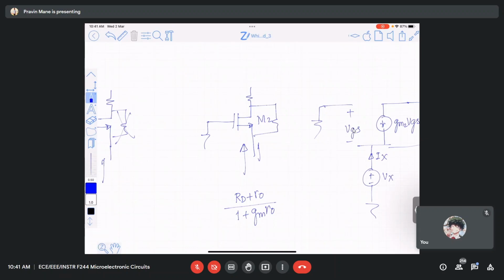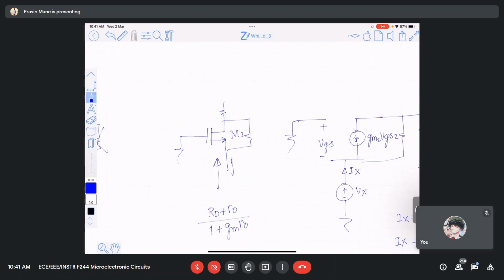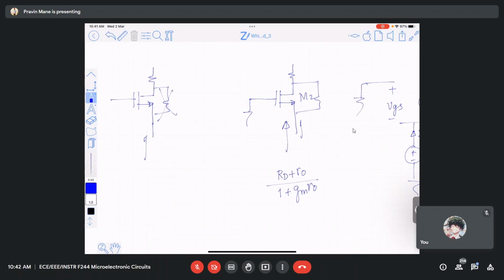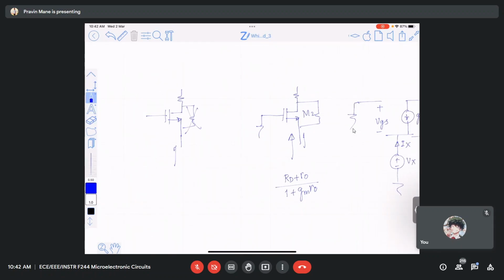When you look from the source terminal, if RO is present, it is RD plus RO divided by 1 plus GMRO. One time I will conduct an extra revision class to understand the different concepts. But if RO is not present, then it is only 1 by GM.